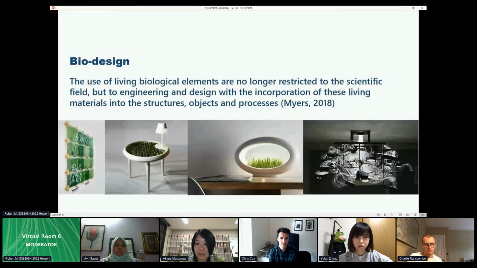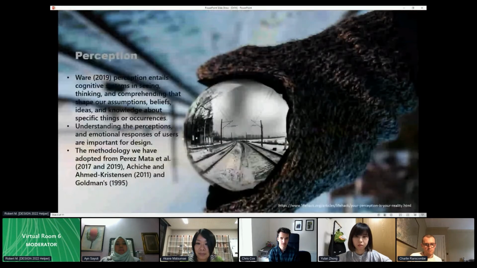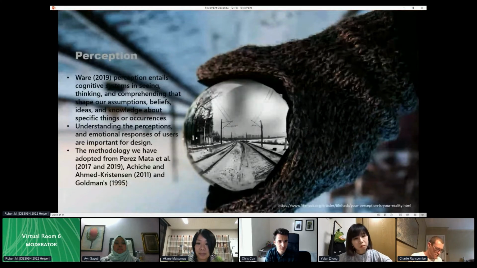Biodesign, according to Myers 2018, is described as a renewable and sustainable system effort that includes living biological materials or ecosystems. We move on to perception. Scientifically, perception is a cognitive system involved in seeing, thinking, and comprehending that shapes our assumptions, beliefs, ideas, and knowledge about specific things or occurrences.